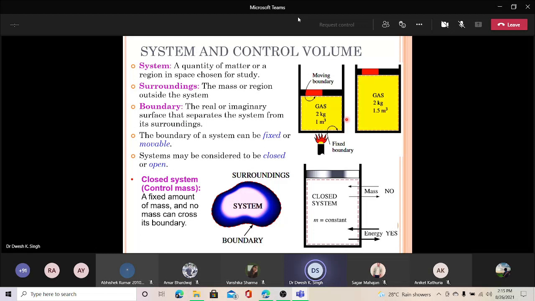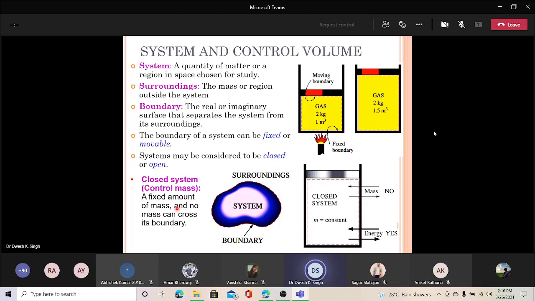Like here in this example, you can understand that this is the system, and this dotted line is our boundary, and whatever is the surrounding of this boundary is called the surroundings. The closed system means there is no exchange of mass, mass is fixed like this.